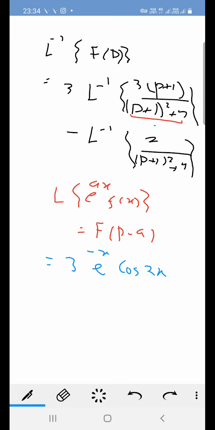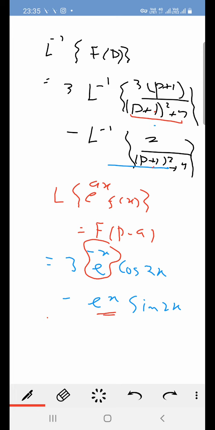And the second expression here is minus e to the power minus x into sin 2x. Here this minus x is due to this plus 1, and e to the power x is due to again this plus 1.